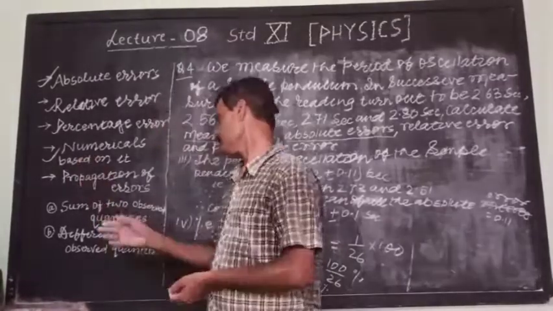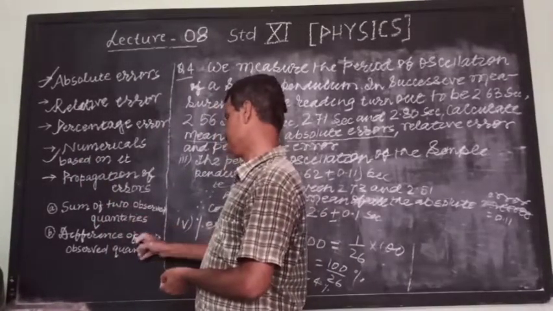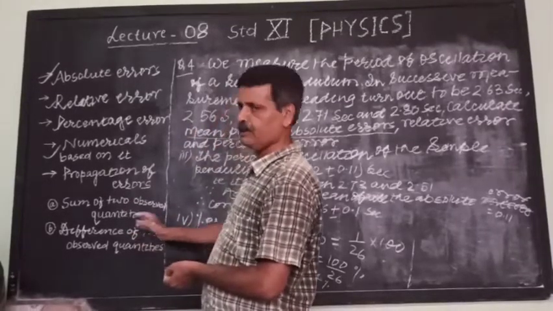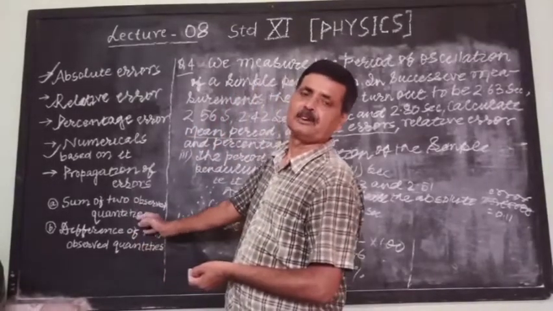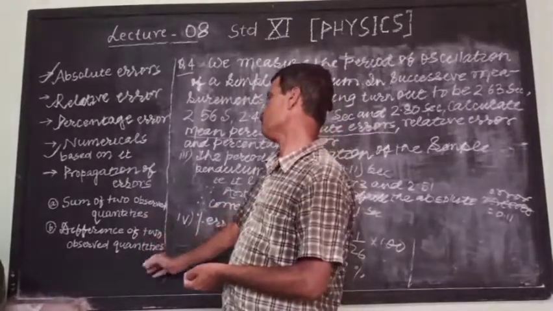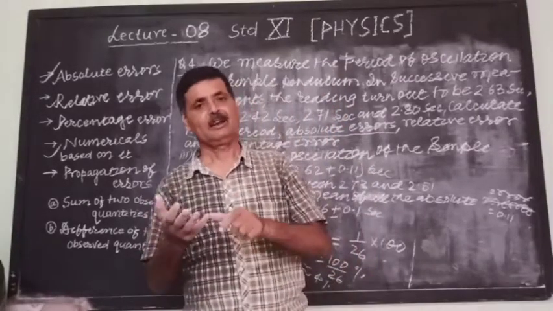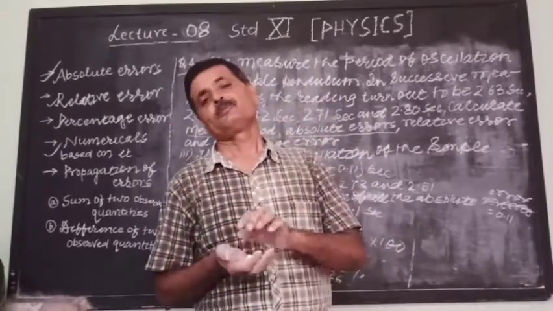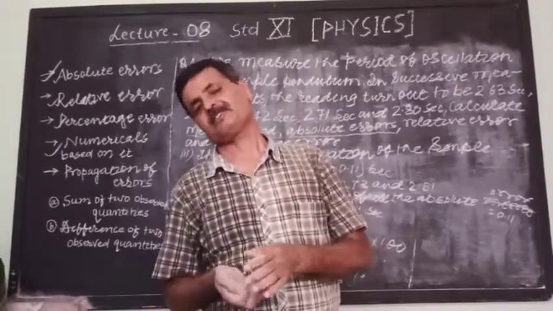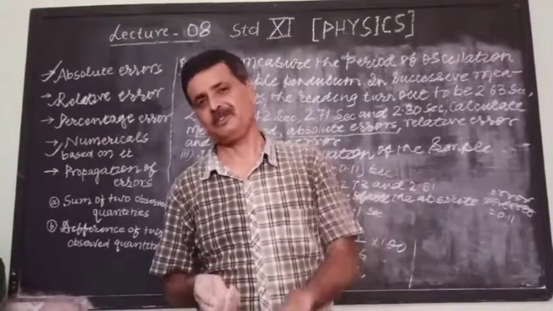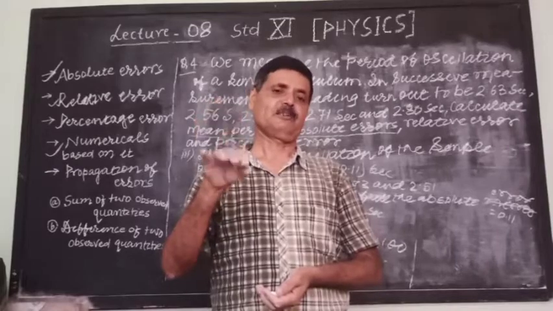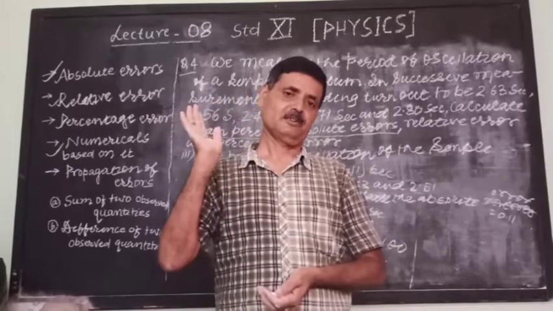We will keep it brief in the next class regarding all the propagation of errors, in the form of sum, addition, subtraction, division, multiplication, these 4, and that will be the end of the chapter.